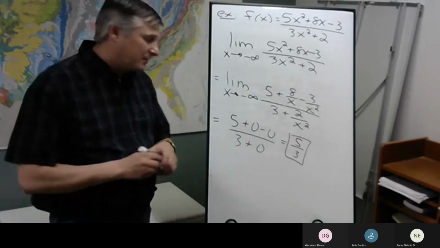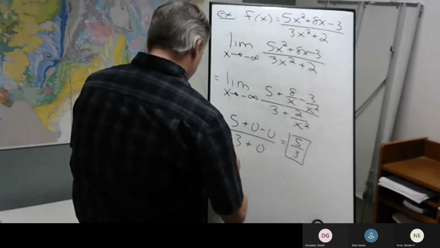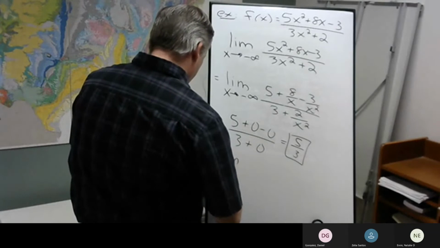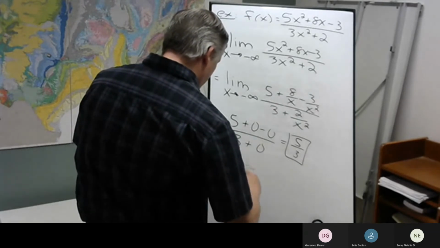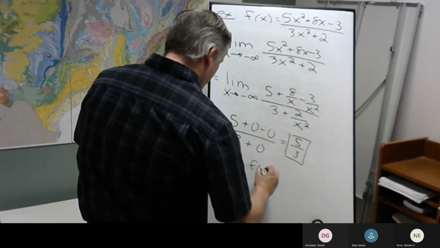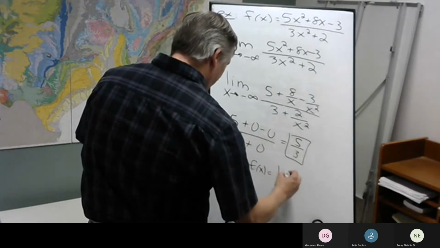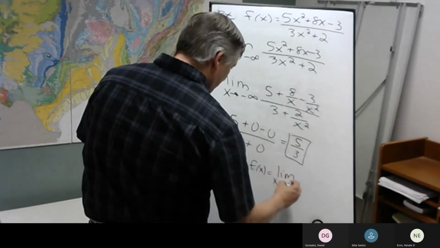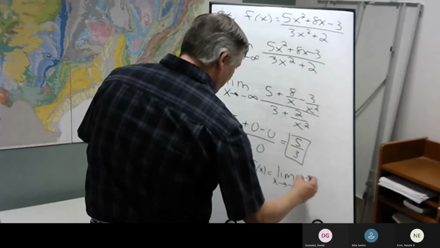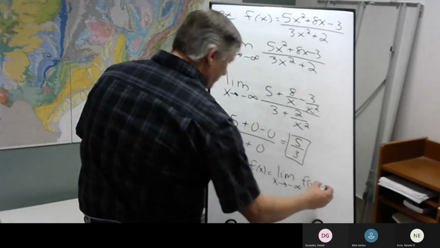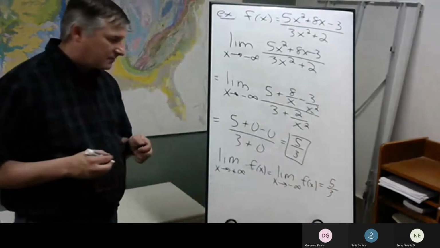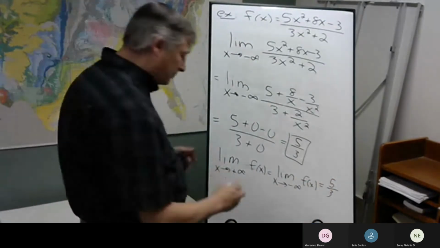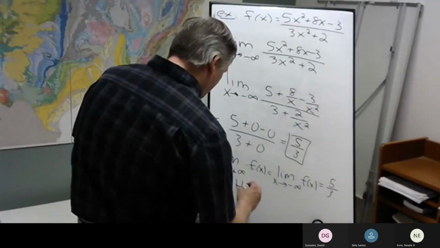So because the limit as x goes to positive infinity of f of x equals the limit as x goes to negative infinity of f of x is 5/3, well, this means I'm going to abbreviate horizontal asymptote.